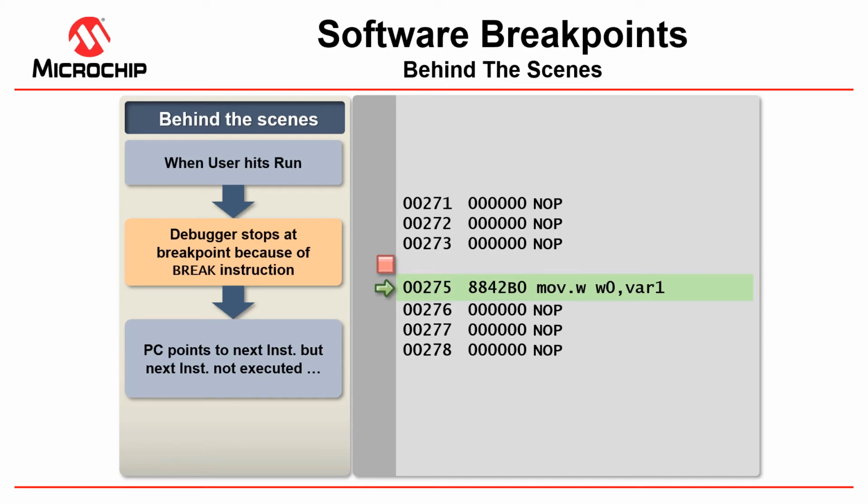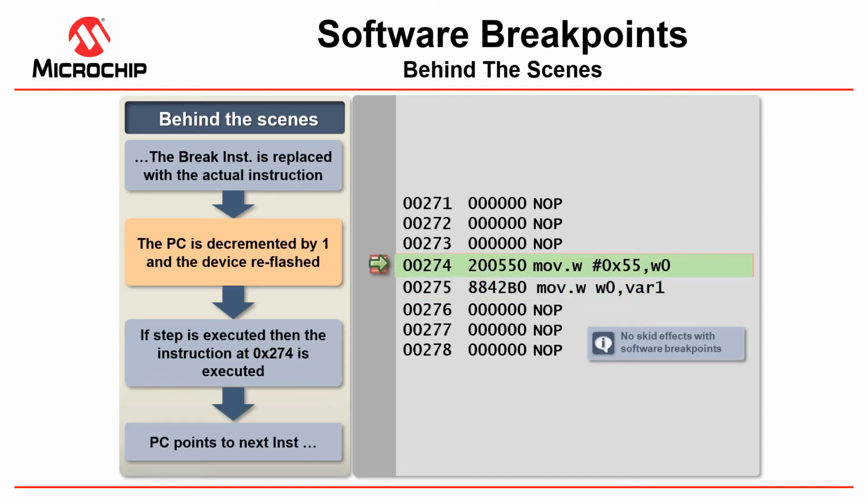The program counter, because it's executed the break instruction, necessarily points to the next instruction. So the program counter is decremented by 1 and the original instruction is reprogrammed, so the flash is programmed again. Note that there are no skid effects with software breakpoints.